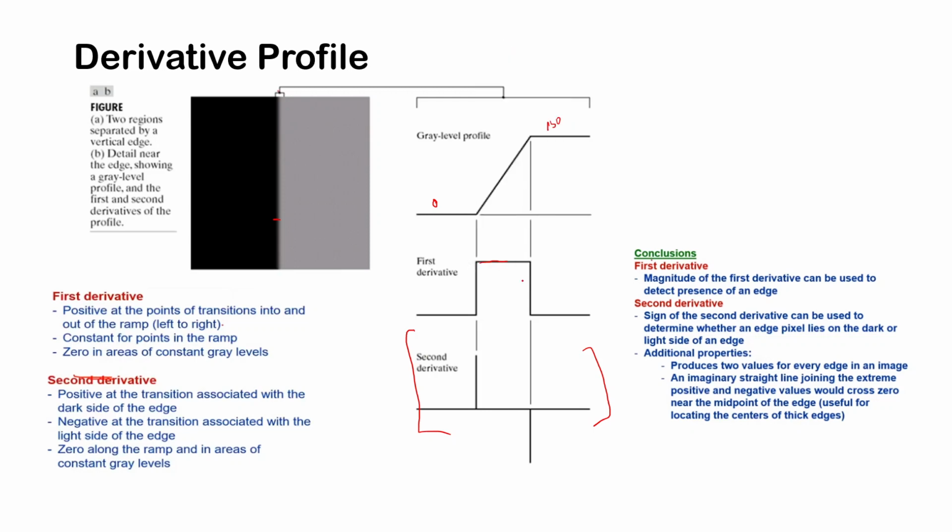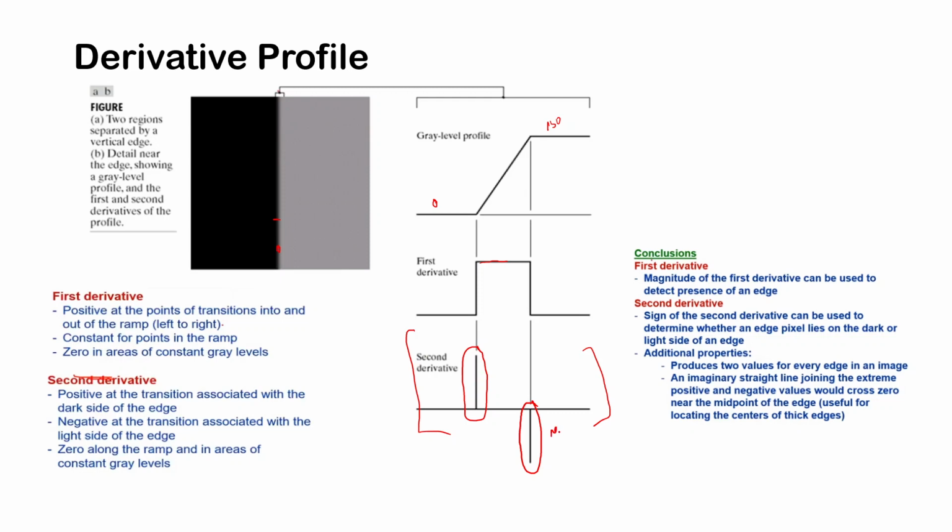But for the second derivative, you are going to use the same image gradient profile and do the second derivative. You find out that basically the positive transition is only associated with the dark side of the edge. So the first one here, you're going to find the positive one when it's going from dark to light, and then you have another version over here.